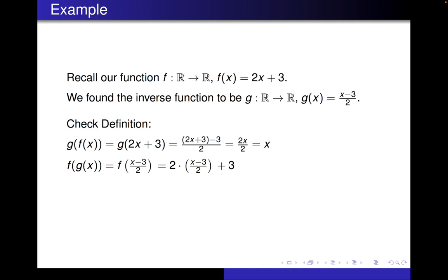Conveniently, those 2's cancel on the numerator and denominator to give us x minus 3, so we get x minus 3 plus 3, and the negative 3 and positive 3 cancel each other out, and we just get x. So g of f of x is equal to x, f of g of x is equal to x. That means f inverse of x is actually equal to (x minus 3) over 2.